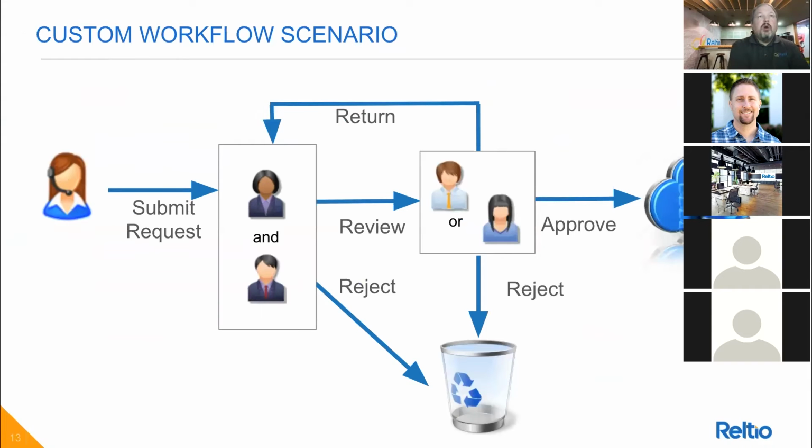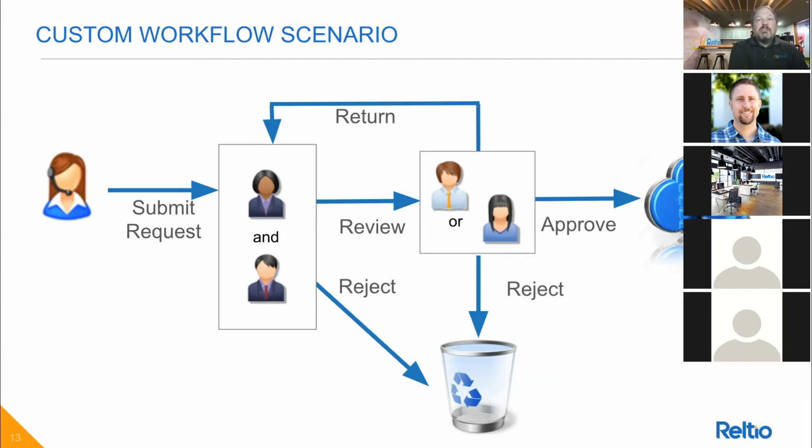Just as an example of a custom workflow, we do support both parallel and sequential approval. We support the ability to redirect records or processes back to a previous state. They can be rejected at any point in time, and if a user rejects it and terminates that workflow, any other users who were interacting with that workflow, it would be removed from their inbox because the termination was requested by one of the authorized users.